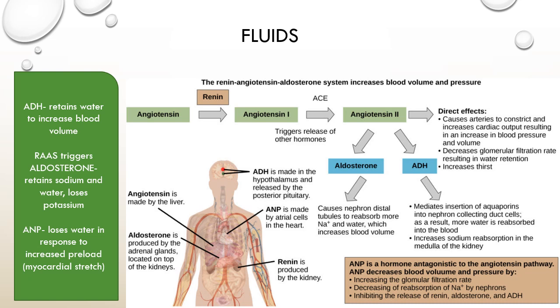And then the activation of the RAS system triggers, so angiotensinogen is converted to angiotensin 1, that's then converted to angiotensin 2, and that then has some sympathetic effects as well as triggers the release of ADH and aldosterone.